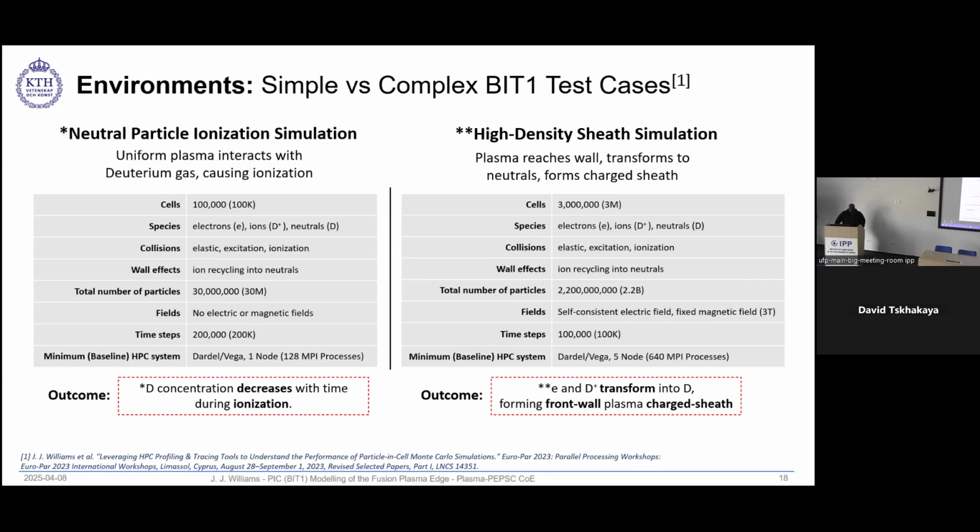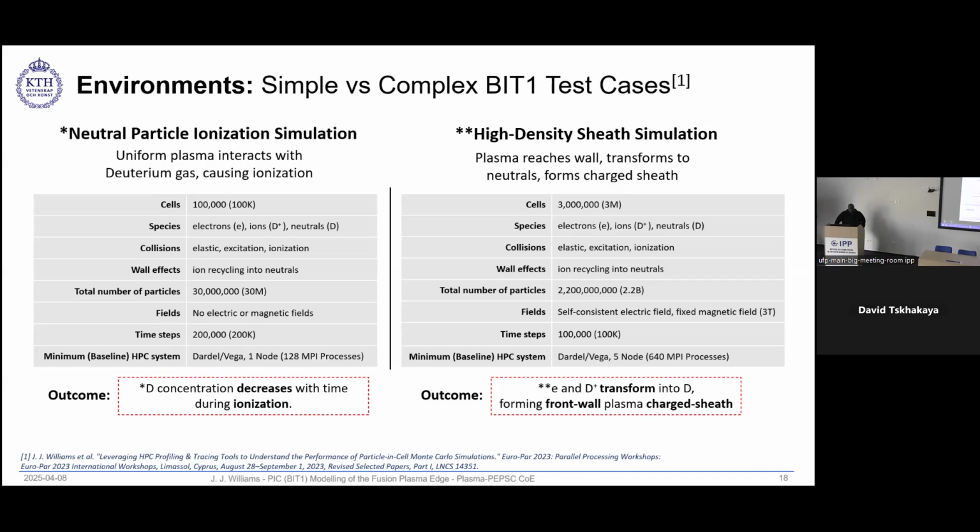You will notice something very interesting here. And before I tell you that, with the sheath case, you have the electrons and ions, they combine with each other and transform into neutrals. And then you have this kind of sheath against the front walls. But you'll notice something on the screen.